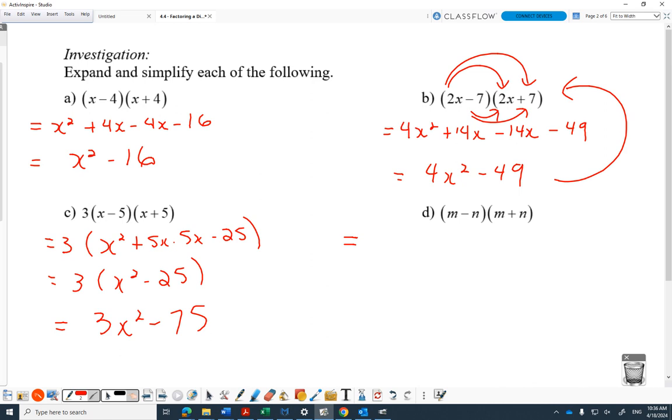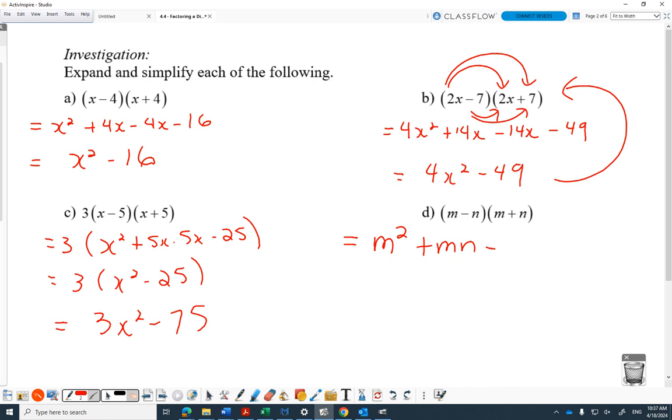Just slow it down. M times m is m squared. Then m times n is mn. And then minus n times n is minus, it's tempting to write nm. It's not wrong to write nm.